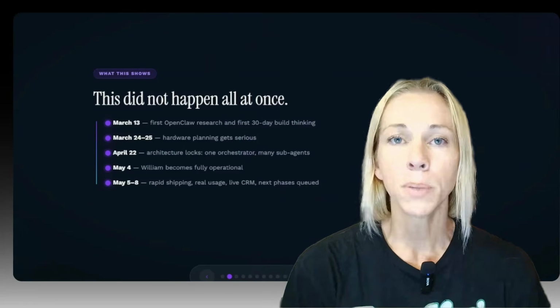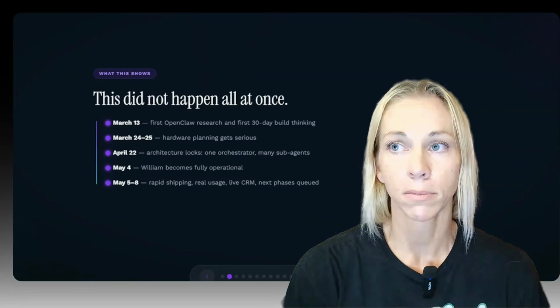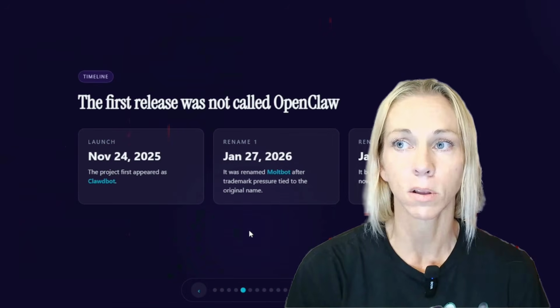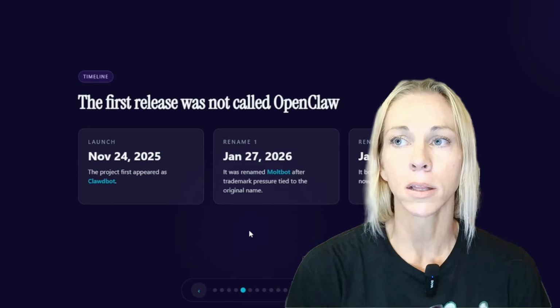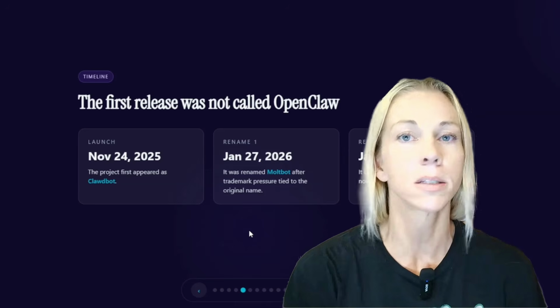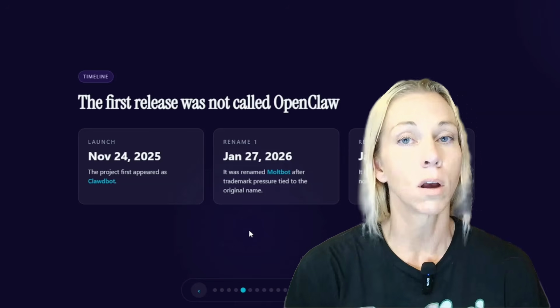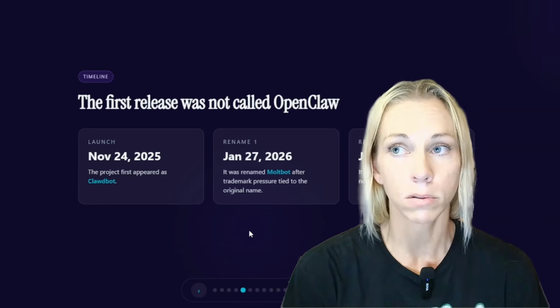So OpenClaw was first released November 24, 2025. Okay, this is when it first appeared as Claude-Bot. And originally, people were criticizing the creator of Claude-Bot because it sounded too much like Claude AI, the Anthropic models.